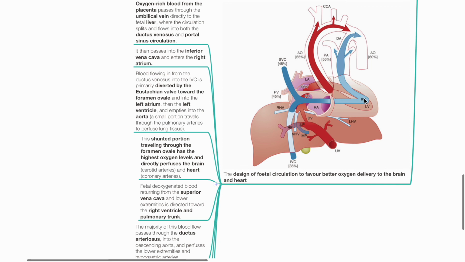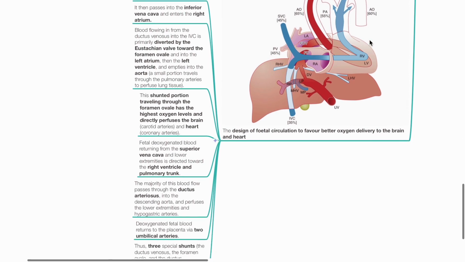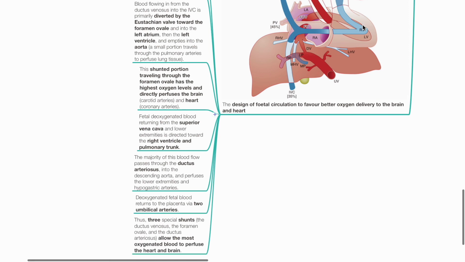The majority of this blood flows through the ductus arteriosus into the descending aorta and perfuses lower extremities and hypogastric arteries. Deoxygenated fetal blood returns to the placenta via two umbilical arteries. Thus, three special shunts, the ductus venosus, foramen ovale, and ductus arteriosus, allow the most oxygenated blood to perfuse the heart and the brain.